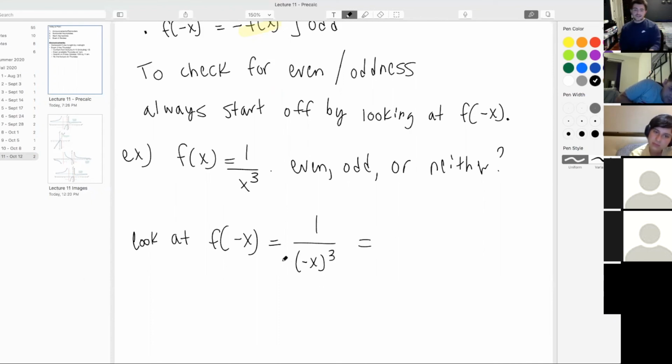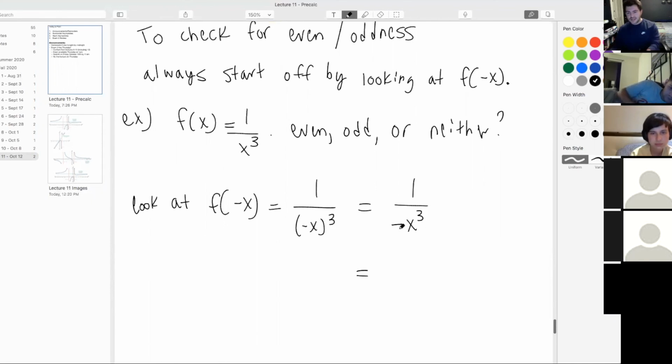However, (-x) to the third power is the same as -x to the third power without parentheses, because if you raise a negative number to the third power, it remains negative. You can bring this minus sign in the denominator up to the numerator, because it's the same thing.